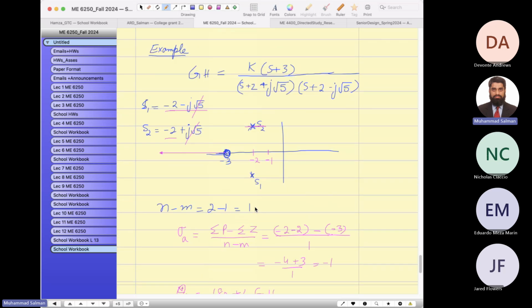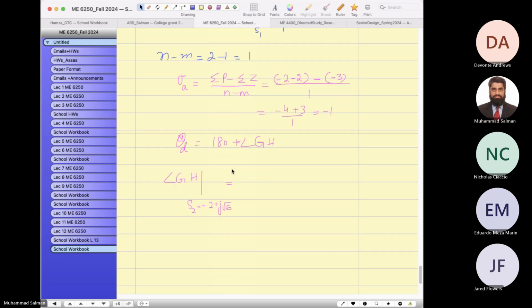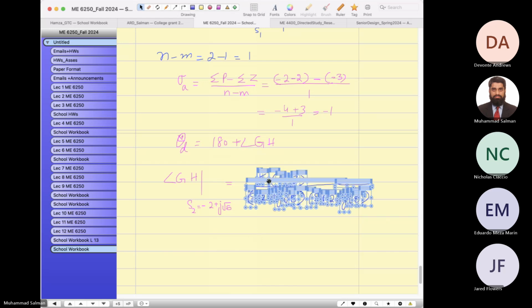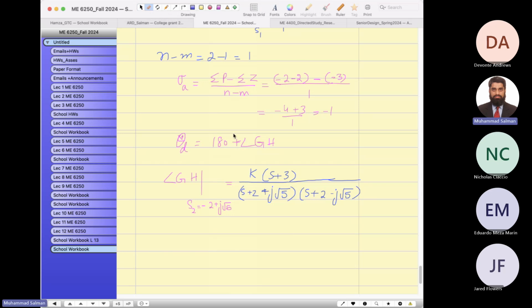So I know that this is my GH. I'm going to grab the whole GH here, and you will replace this s by this value. So let me rewrite everything here.